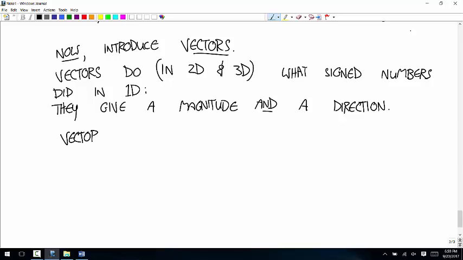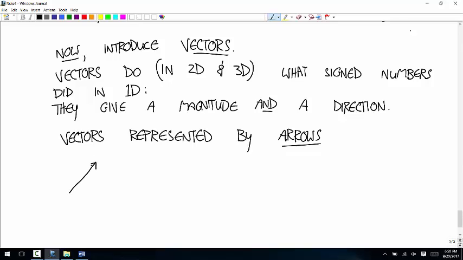When you're dealing with vectors, you can always represent a vector as an arrow. So that's the best way to think of it, is a vector is an arrow. The magnitude is its length, and the direction is the direction it's pointing. Okay, so those are all different vectors.